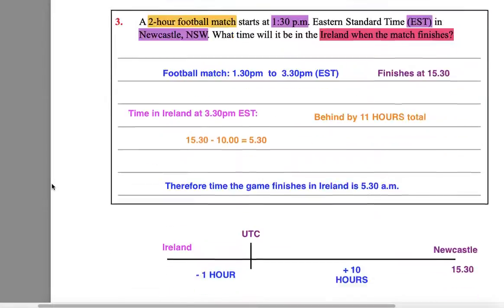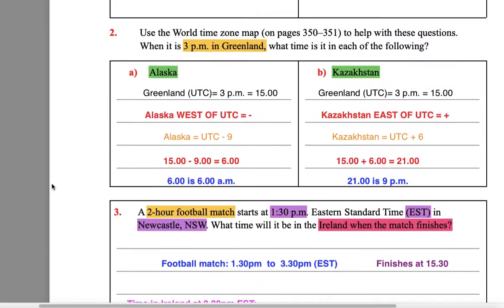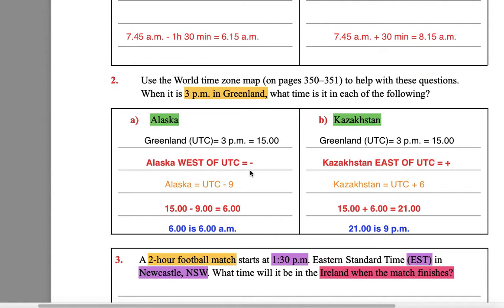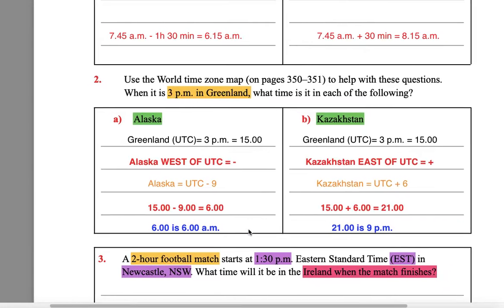Okay, let's go back to our question and see if we can answer it from there. So again, because it's west, it's negative, so it'll be this time minus 9 hours, which gives us 6. So 6, and again, we have to have the same units. So in this, we end up with 6 a.m.